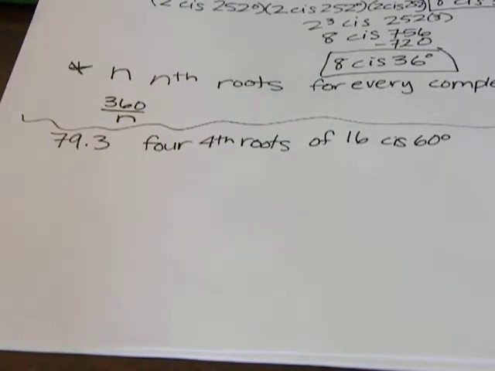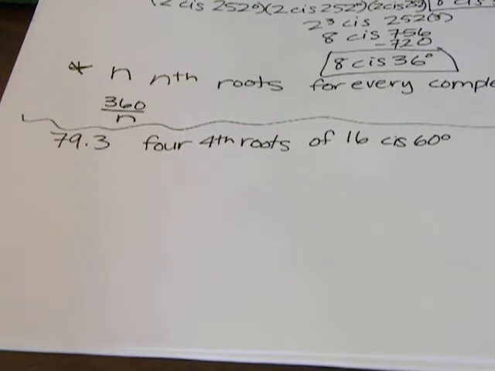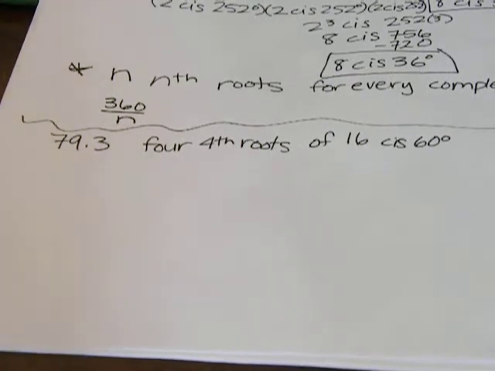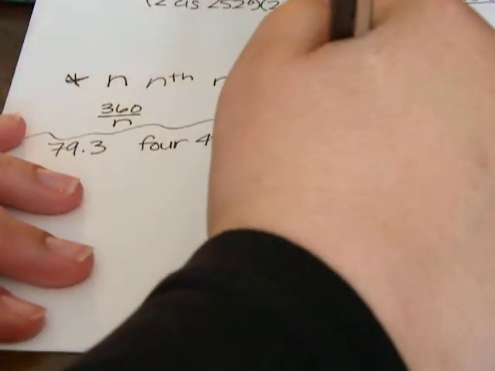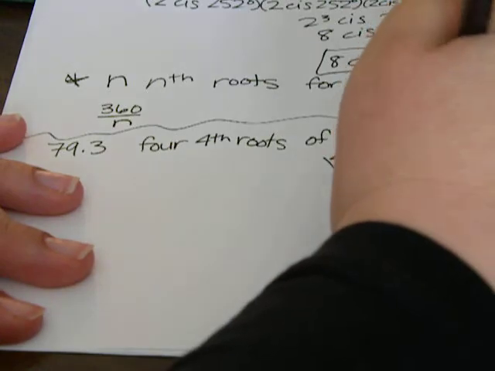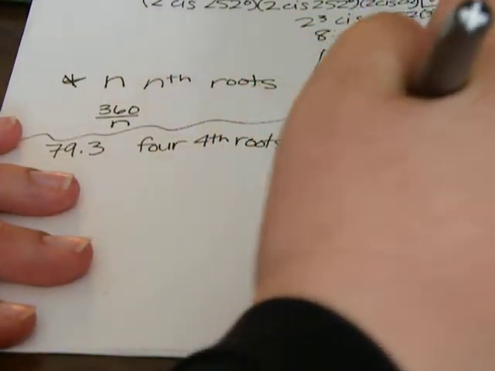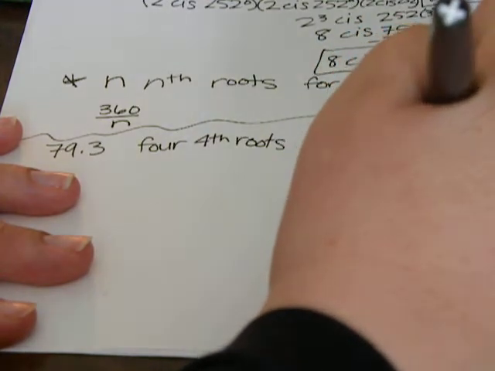So basically you go backwards. Instead of taking a number to the 4th power, you're going to do the 4th root. So you're going to do the 4th root of 16 CIS 60 divided by 4 to get your first root. So you end up with 2 CIS 15.